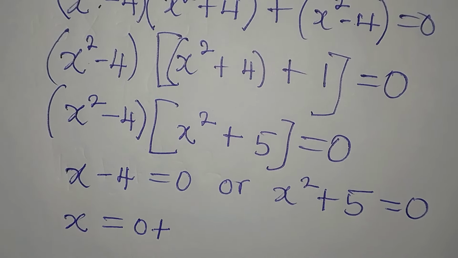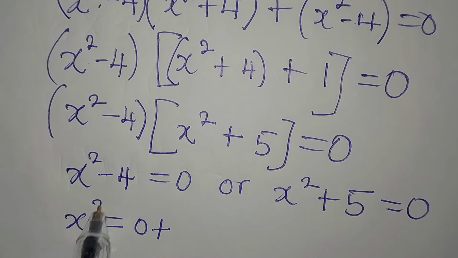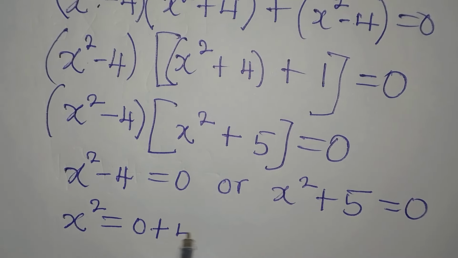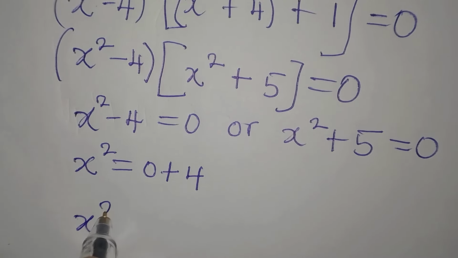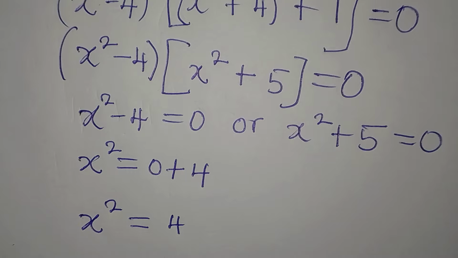So now from here, by the way, there's a square on this x, so x squared from here is equal to 0 plus 4, and this means that x squared is equal to 4. What should we do from here?